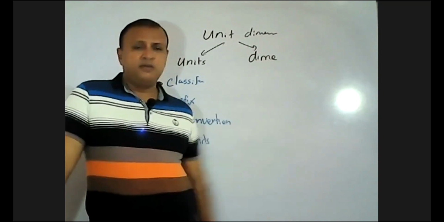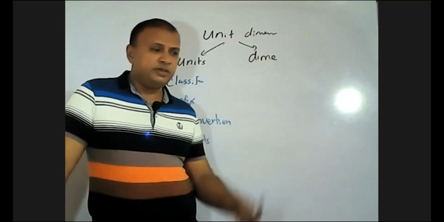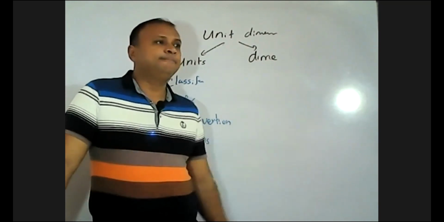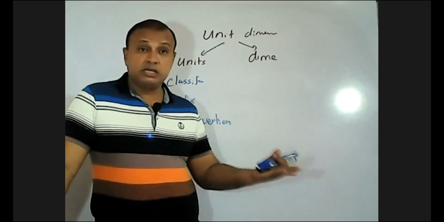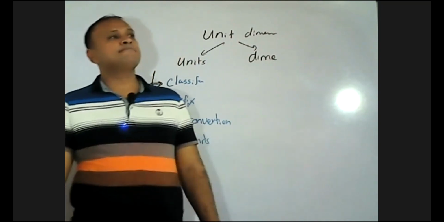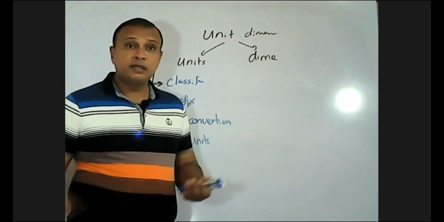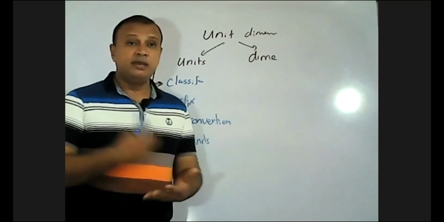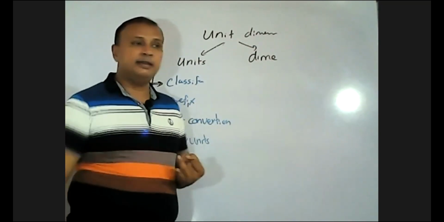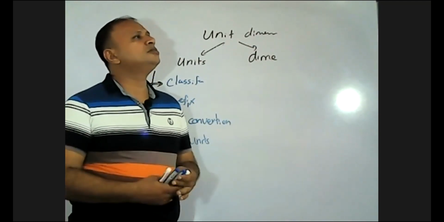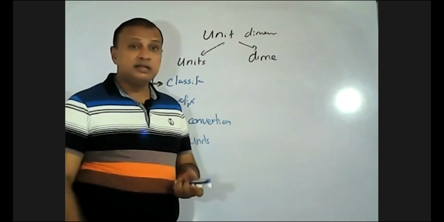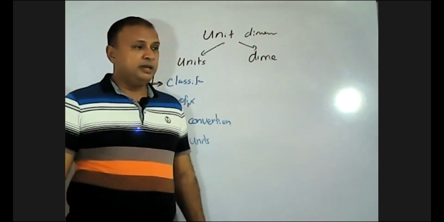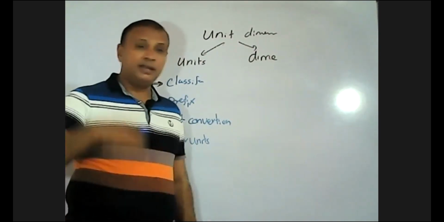Some physical quantities we have discussed again and again, especially force, pressure, work done, energy, power, and special quantities such as frequency, and angular quantities, especially angular momentum, angular speed, angular velocity.